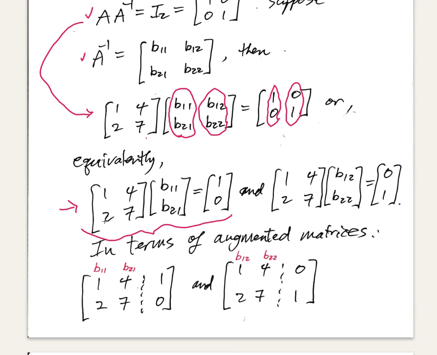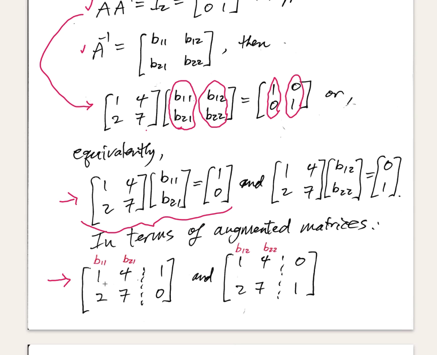And then I'd have 2 b11 plus 7 b21 equals 0. Writing those in terms of Gaussian elimination, we would have the following augmented matrix: 1, 4, dash line, 1; 2, 7, dash line, and 0 on the other side. These two are just saying the same thing in two different ways. This second setup is for Gaussian elimination.